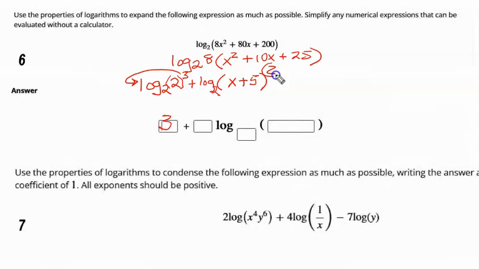And we're going to take this 2, put that out in front of the log. So that would be a 2 there, base 2. And then in our parentheses, x plus 5. Okay. Again, it looked a little daunting initially, but hopefully this is helpful. If you get one like this, that's the protocol.